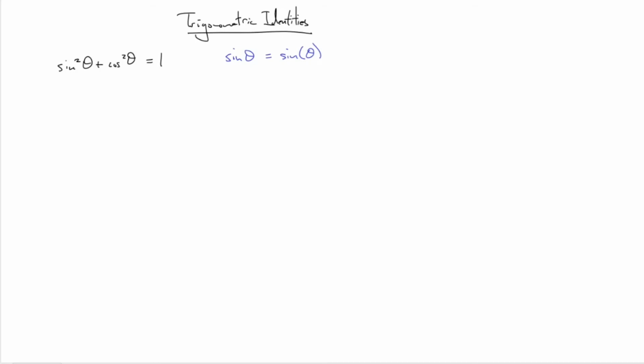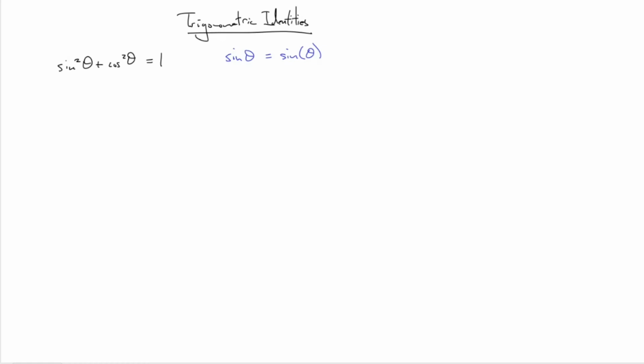And first of all, sine theta, written as it is on the left here, is just notation for sine of theta, where we often leave out the parentheses because it's shorthand and we write it so often that we want to abbreviate. But the sine is a function and you have to take the sine of something. And so it means sine of theta, whether or not you have the parentheses there.